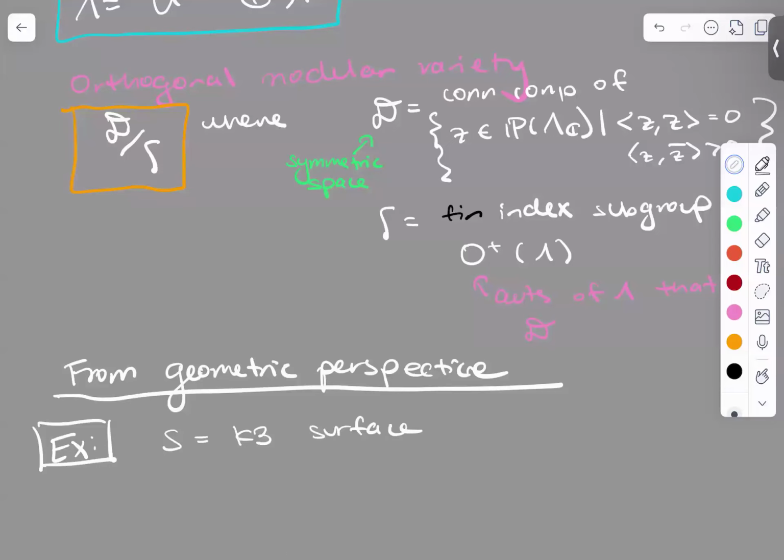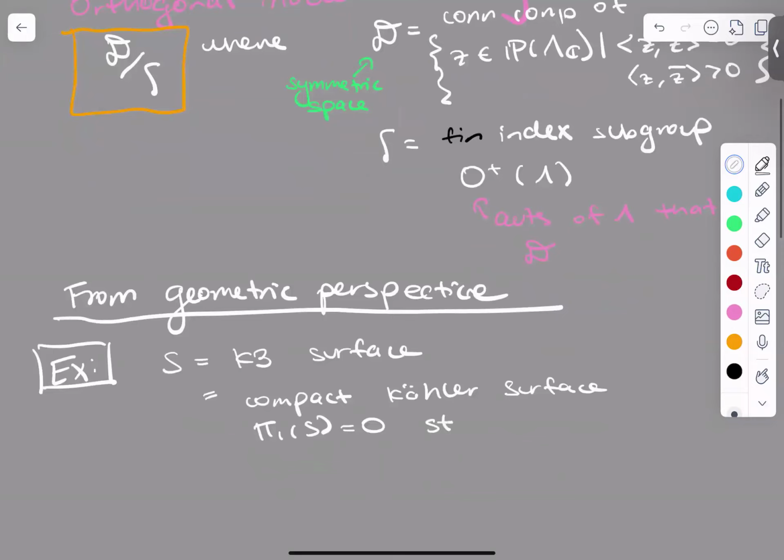And so what is a K3 surface? A K3 surface is a compact Kähler surface, which is simply connected, with the property that if I look at the global sections of the space of two forms on this surface, this is one-dimensional and generated by a single non-degenerate form.